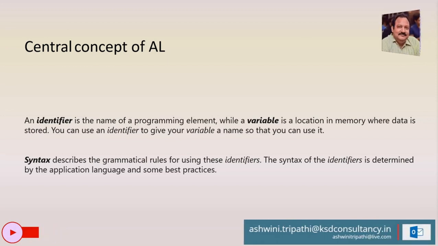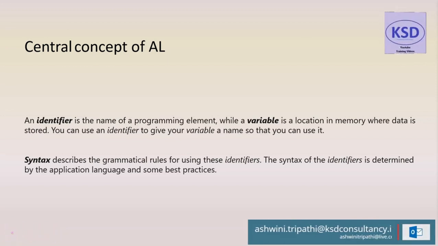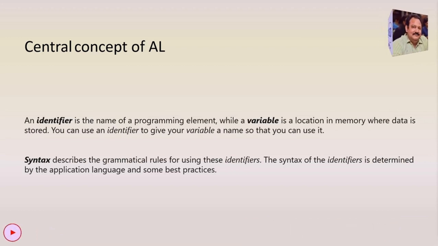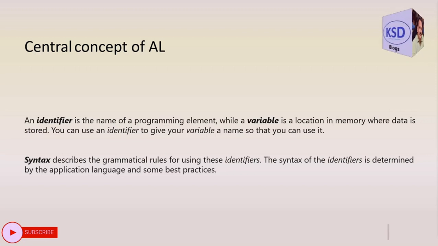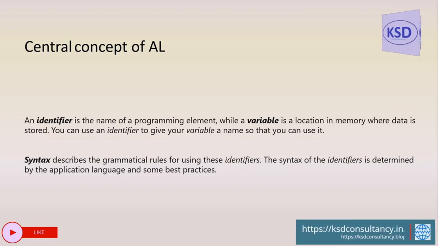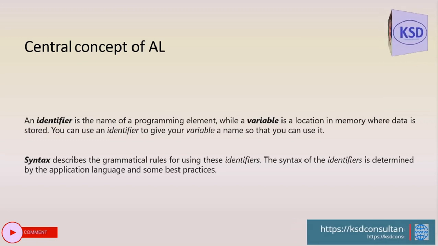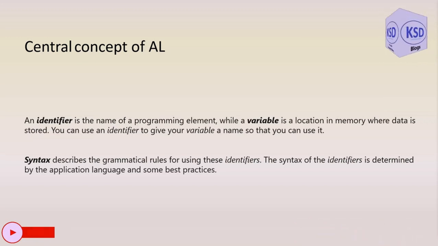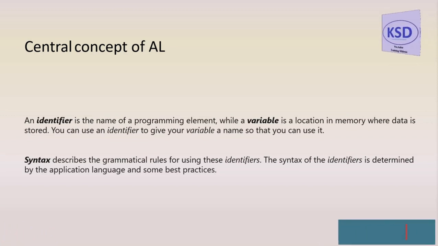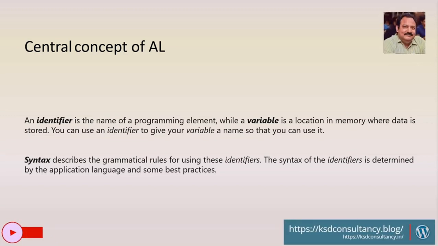Like you want to say, I want to store a value 5 in variable X. How do you communicate this to the system? The way of writing this code is known as syntax. Or you want to give some instruction to the system to perform any task. Again, via syntax only, you will be giving your instructions.